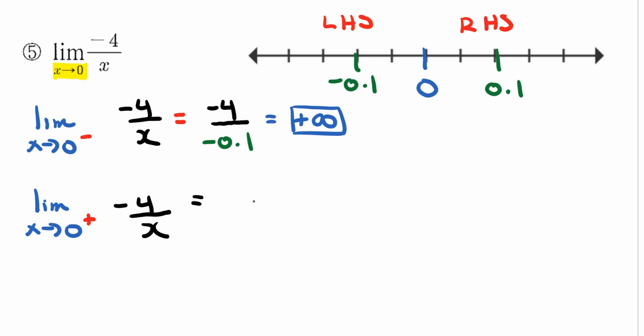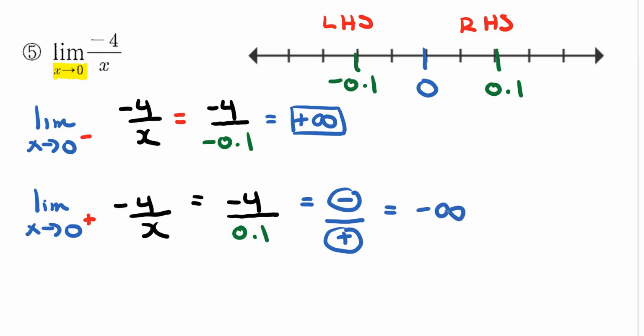Over here I have negative 4 over positive 0.1, and the numerator is negative but the denominator is positive, so this gives you negative infinity. So for question number 5, this is also going to be does not exist, because the right-hand limit does not equal the left-hand limit.